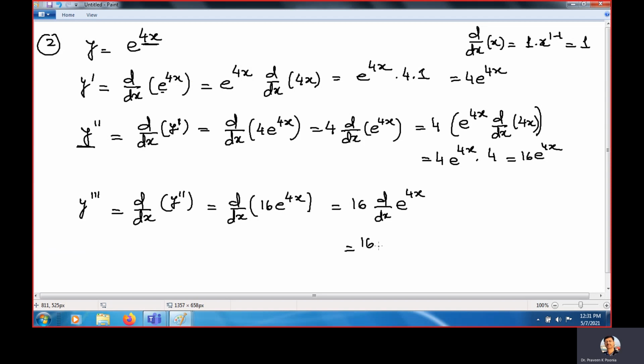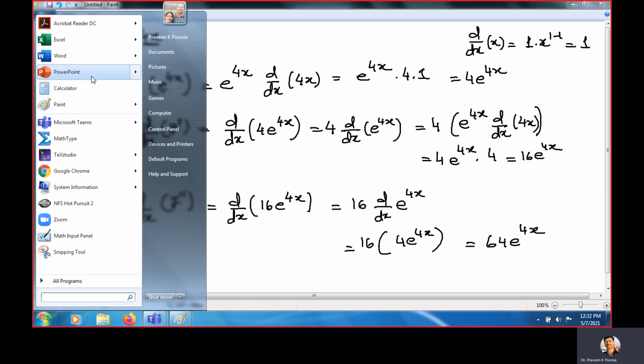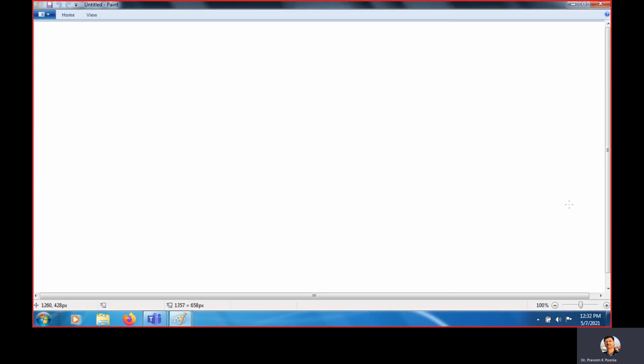And how much will you get? 16 into 4 e power 4x, and it is 64 e power 4x. This is the answer. Clear? So we need to differentiate as per the given formula, as per the given method.